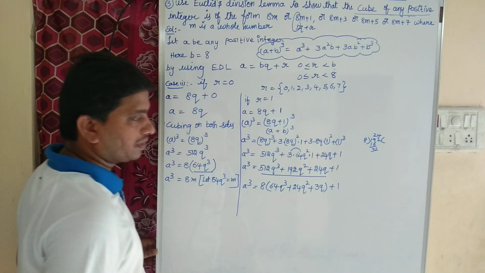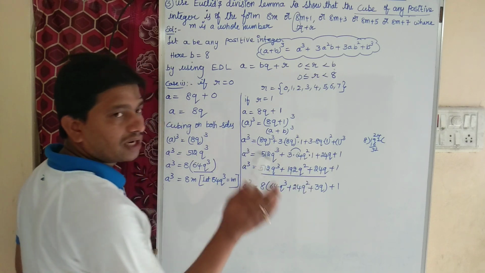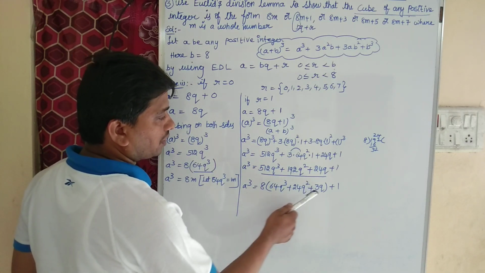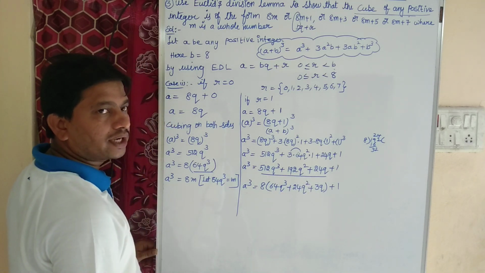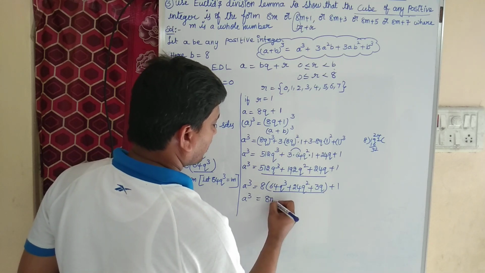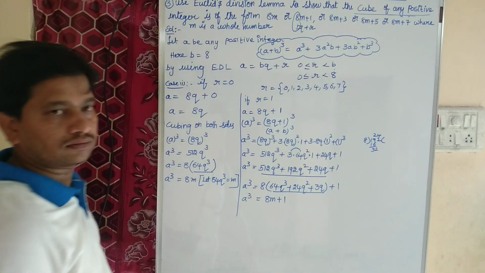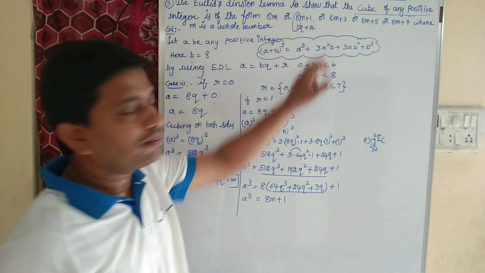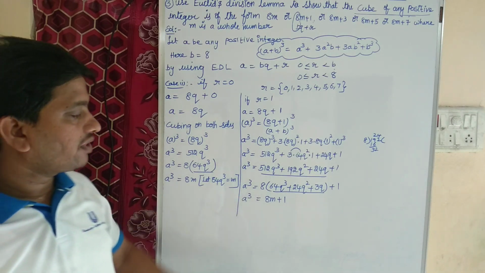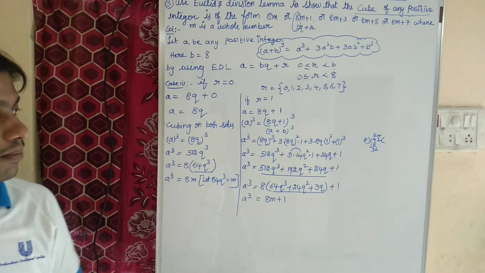Because all these three are the multiples of 8: 8 64 is 512, 8 24 is 192, 8 3 is 24, right? So a cube equals 8 times this, which will be our m, plus 1. See, second one is what? 8m plus 1. Children, did you understand? We got second one: a cube equals 8m plus 1.